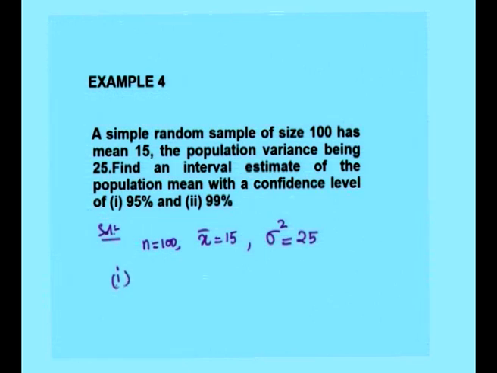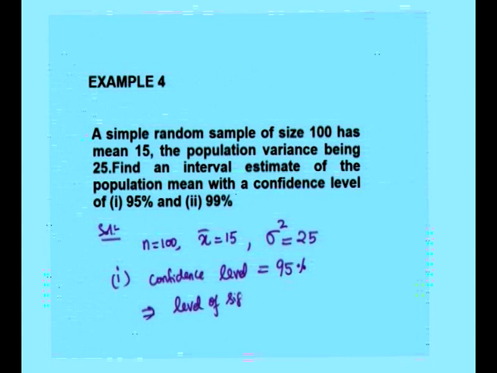So, confidence level 95% implies level of significance is 5%, 100 minus 95, 5%.